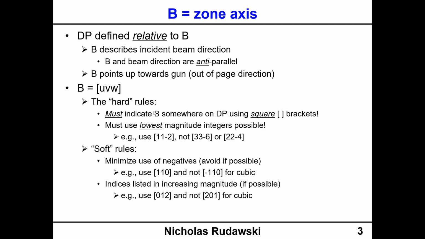But we don't even need to know that information in order to index the pattern, okay? All that really matters is the relative lengths, okay, of G1 and G2, okay? So there's no need to have a calibrated scale bar to do this. So the nice thing about a cubic crystal is that we can define the relative length of G as simply the summation of the squares of the indices H, K, and L, and then the square root of that sum, okay?